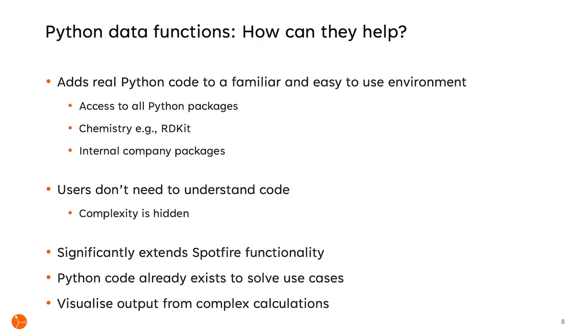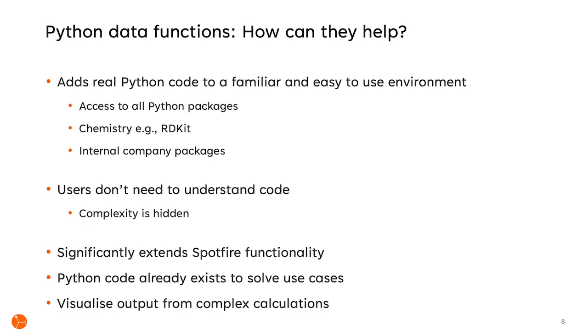There are a bunch of chemistry specific Python packages like RDKit, for example, so you can use them within Spotfire. At Exscientia we've built quite a lot of our own packages, so we can leverage that, and we can use our internal packages within Spotfire.